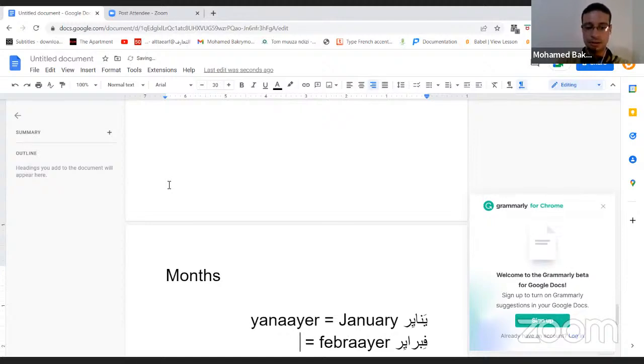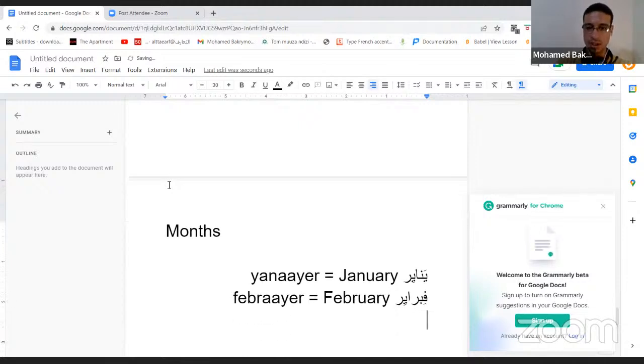So Yanayr, I have here Ya, and then a short vowel, Ya-na, Noon, Yanayr. And then February. Okay, you can focus on how I'm writing the short vowels. Year. Why do I pronounce it year? Because I have this small line under the ya.